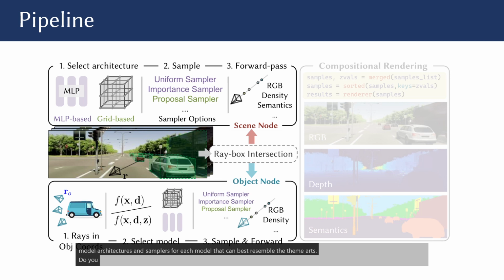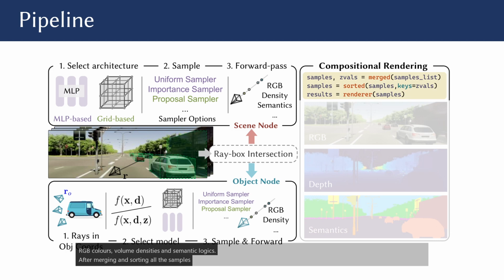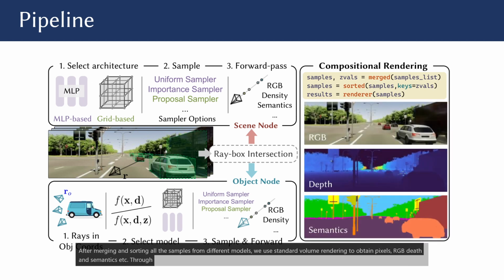During the forward pass, each model samples an individual set of 3D points and queries their corresponding features, such as RGB colors, volume densities, and semantic logits. After merging and sorting all the samples from different models, we use standard volume rendering to obtain pixel RGB, depths, and semantics, etc. Through backpropagation, our compositional network can be optimized.